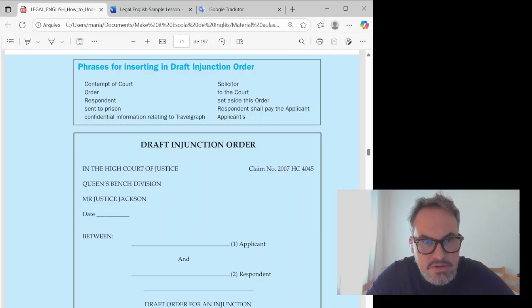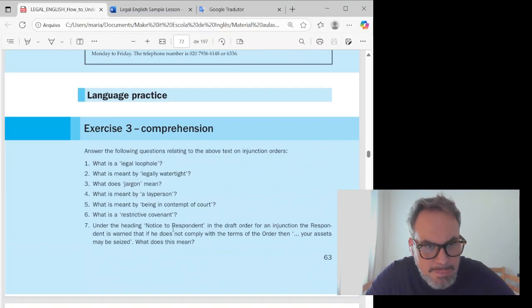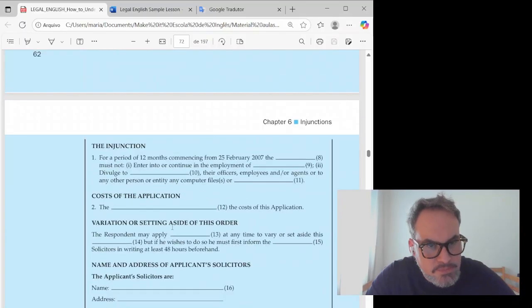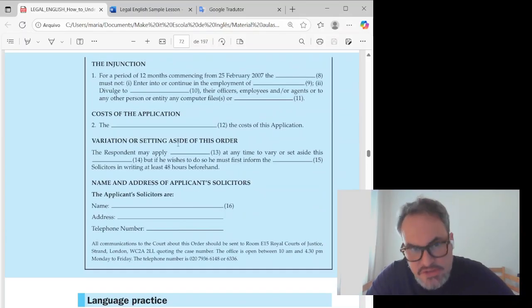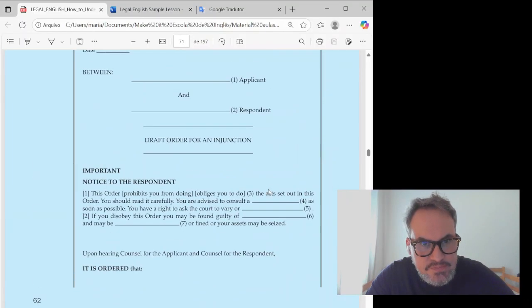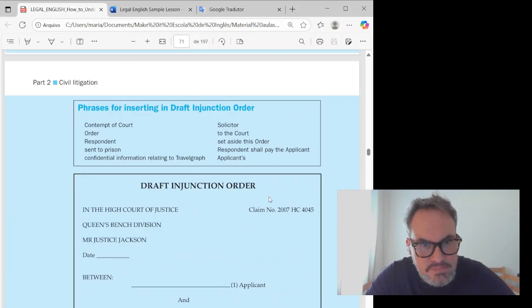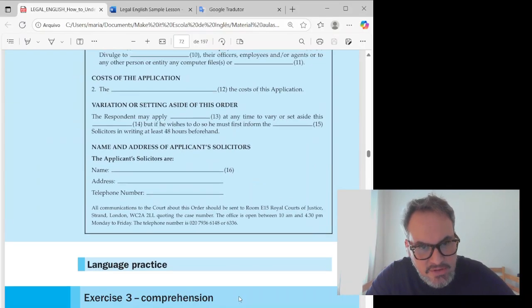The respondent may apply to the court at any time to vary or set aside this order. Of course, order.